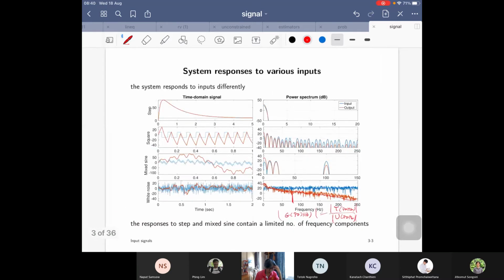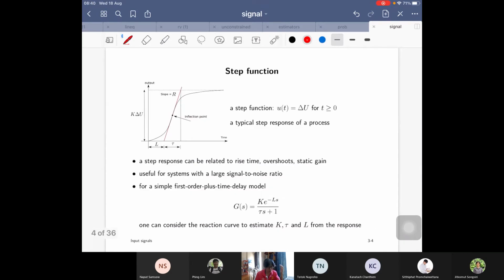So you see that the step response, which is commonly used, is not an appropriate signal for any type of model, especially for a complex system. Now I'm going to go over each input signal one by one and explain its characterization, its spectral property, and correlation function property.